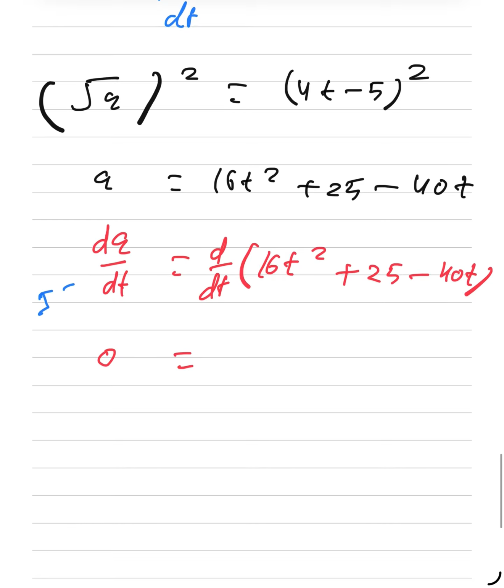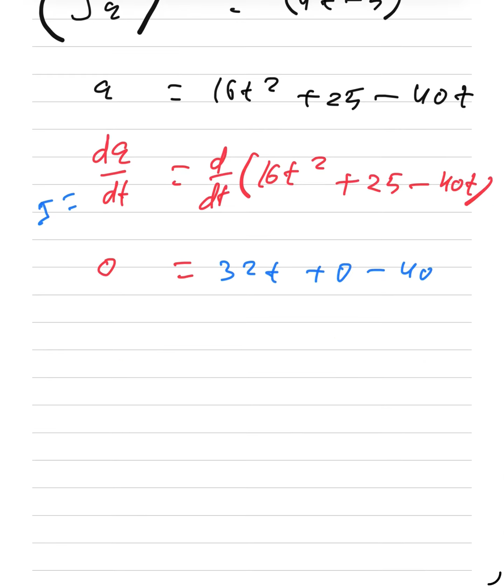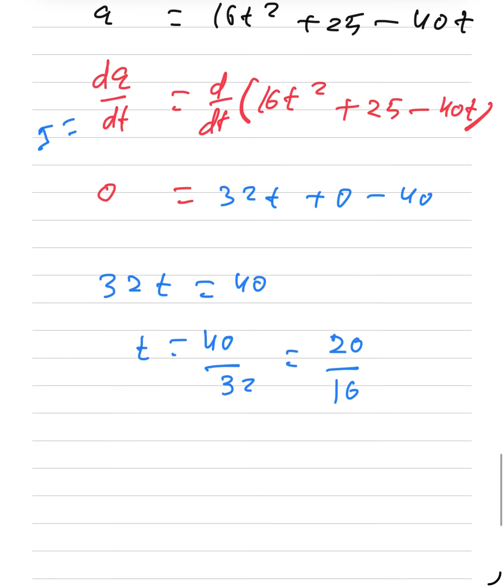I equal to 0, I equal to dq divided by dt, so 32t plus 0 minus 40, that means 32t equal to 40, t equal to 40 divided by 32, which is 20 divided by 16, 10 divided by 8, so t equal to 5 divided by 4.